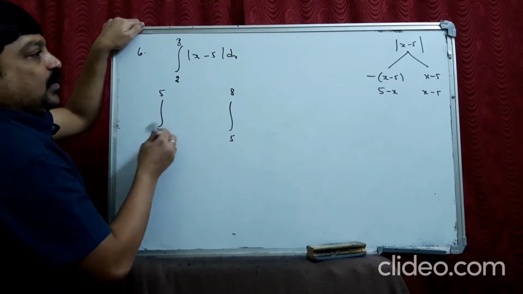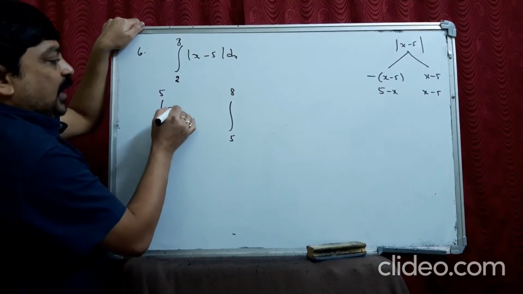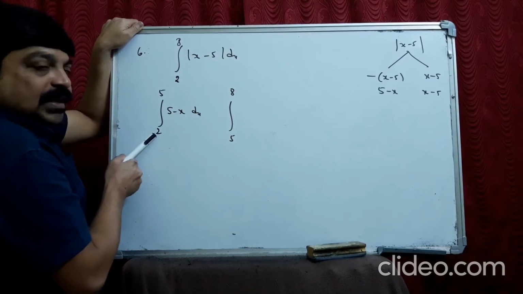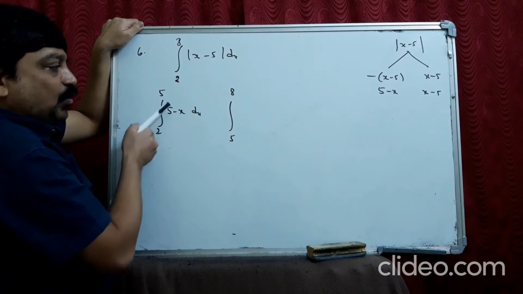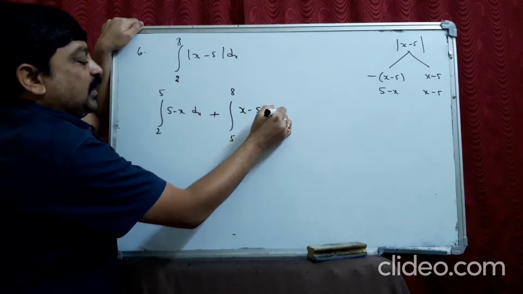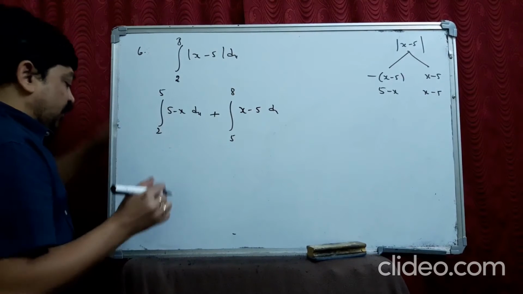So for 2 to 5, which one should we take? I take 5 minus x dx because if I substitute any value in between them in the place of x, it will give positive. Plus for 5 to 8 I take x minus 5 dx. Let us substitute the values.